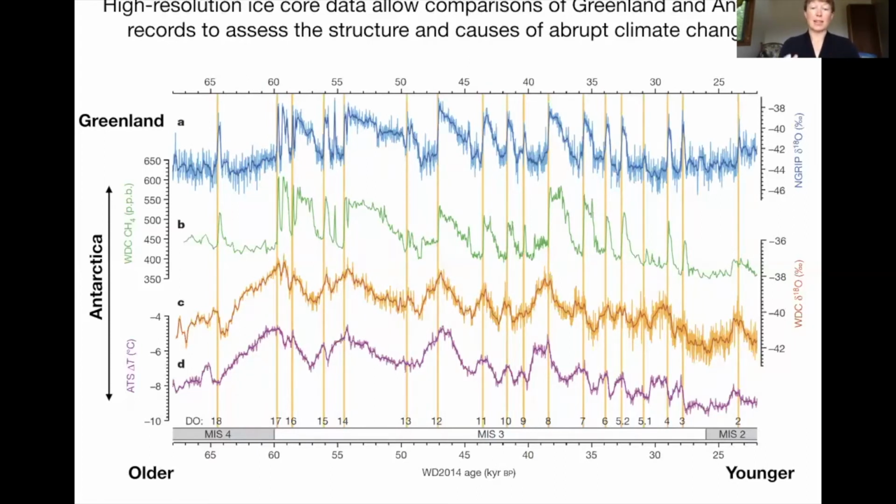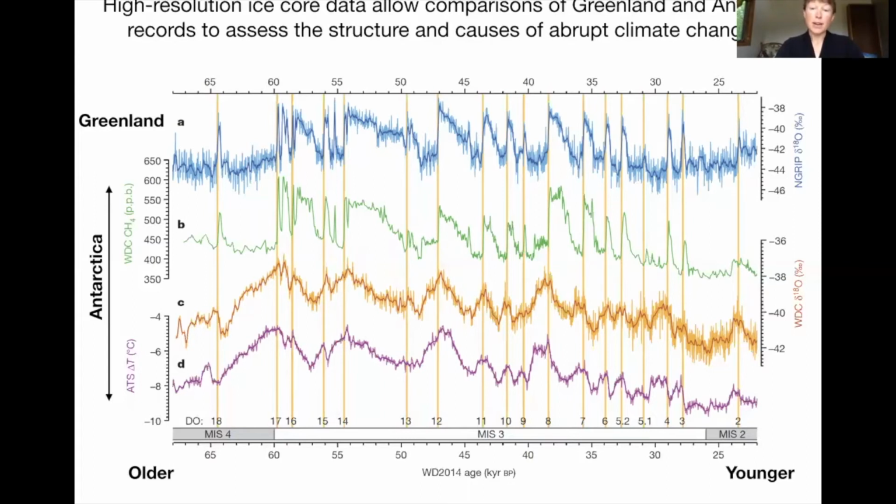So this gas, methane, is actually telling us something about what's happening with climate in the northern hemisphere, but it's getting mixed throughout the atmosphere so quickly that it's measured in Antarctica in the ice core, and we see no time lag.